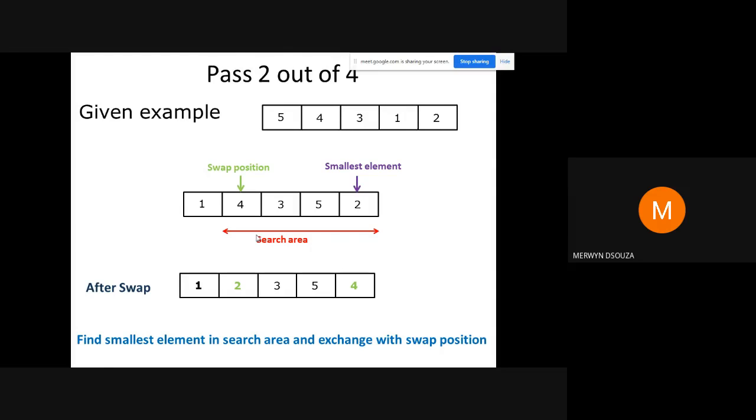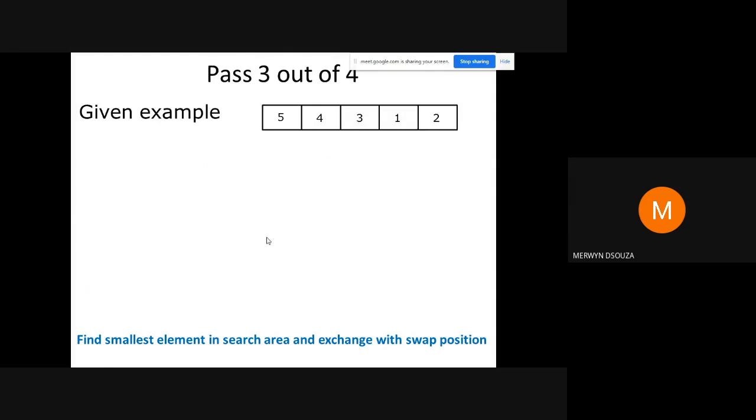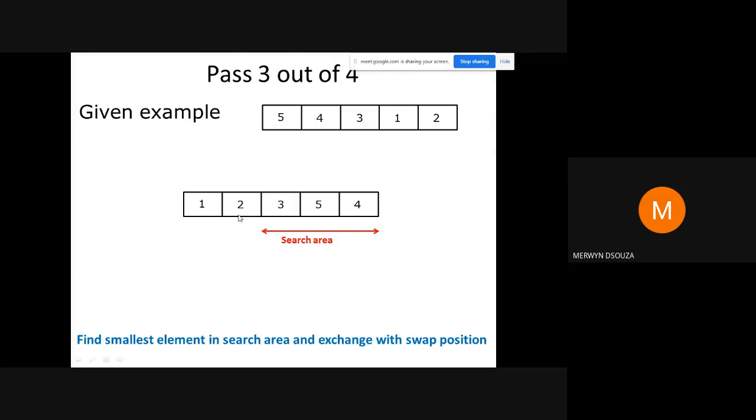Okay, so I hope you have done at least the third pass. This is the output of your second iteration. Identify the search area. The first two elements are in the proper place, so now your search area starts from the second index. The swap position is the first element in your search area.